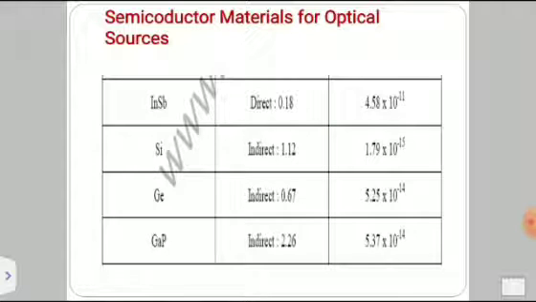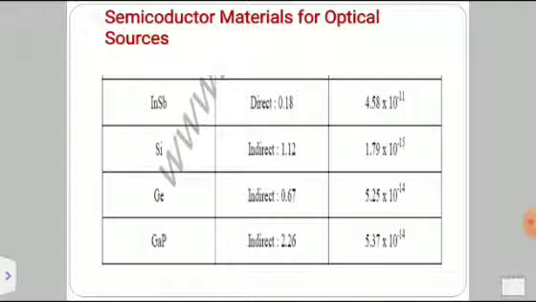Continuing further, one more material is an elemental semiconductor, silicon, and it has an indirect band gap energy of 1.12, whereas the recombination rate is 1.79. And InSb also has a direct band gap energy of 1.18, and a recombination rate of 4.58 into 10 to the power of minus 11.